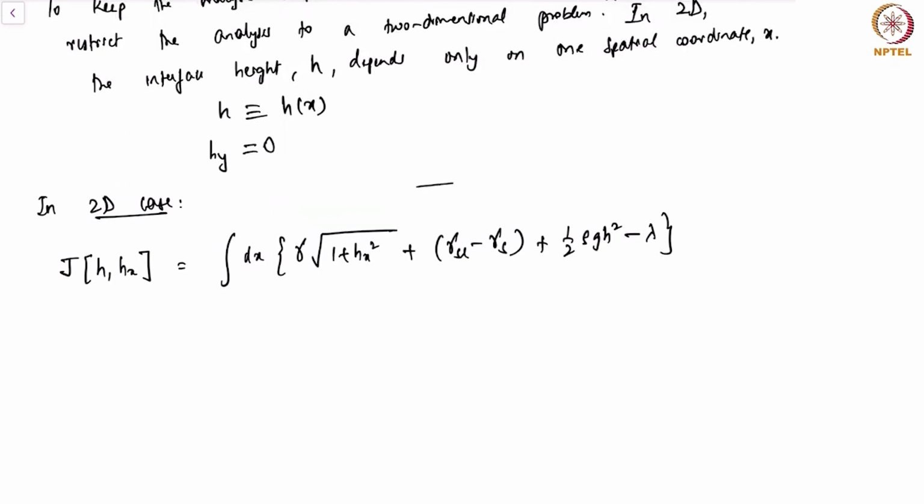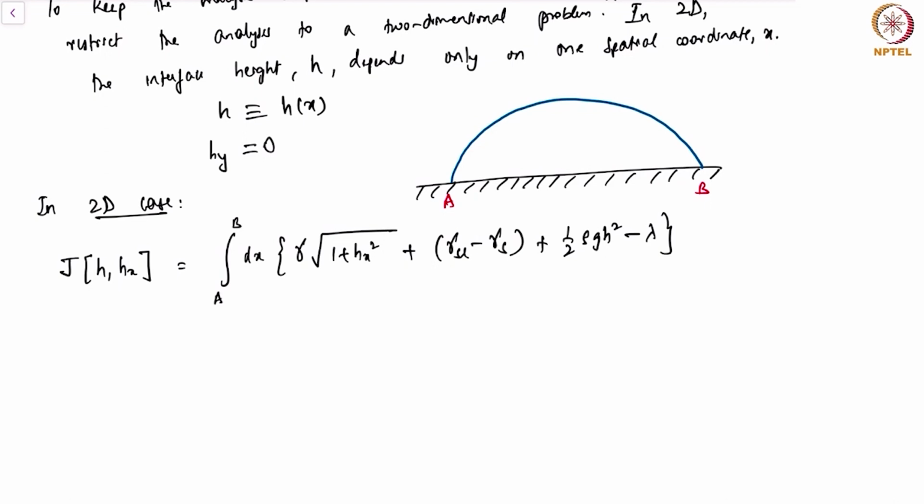Let's consider a solid plate which is flat, absolutely flat, and I have a droplet here. This droplet is, let's say, going from some location A to a location B. Okay, that's the x variation along this droplet. So in other words, this integral is going from A to B.